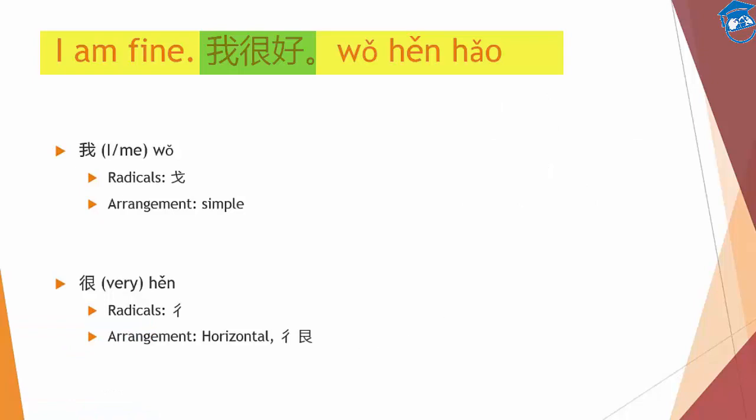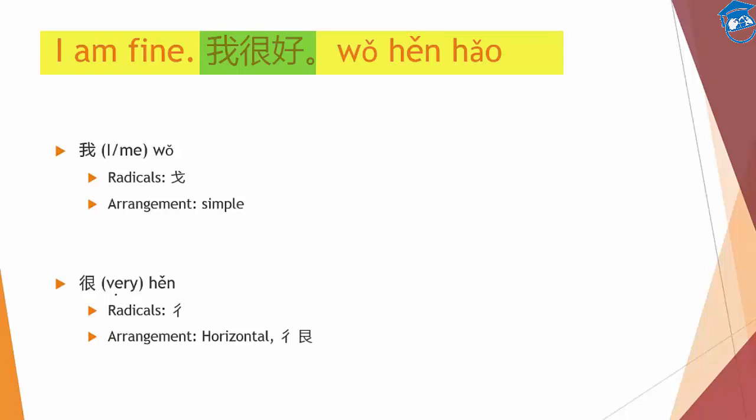The next one, 很. So 很 means very, and it's usually the connector between nouns and adjectives. So 我很好 in literal translation is I very good, and you can see that we have omitted the verb to be, which is am in this case.